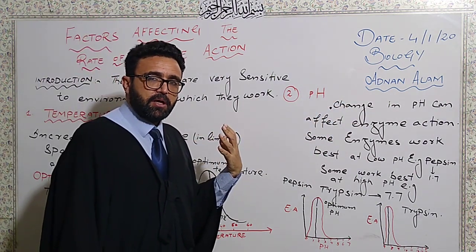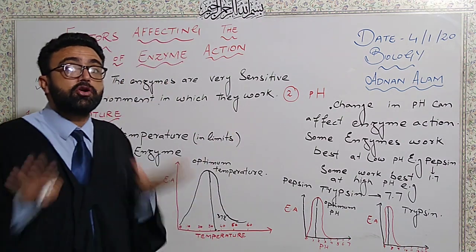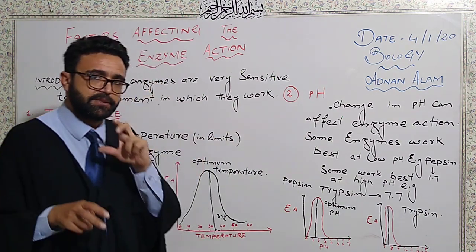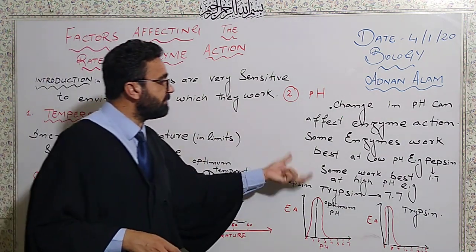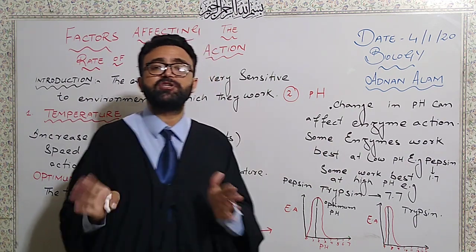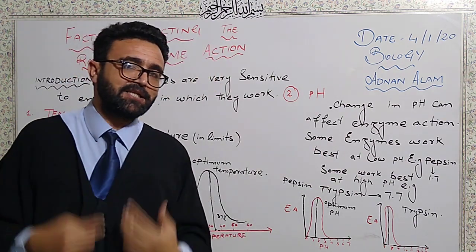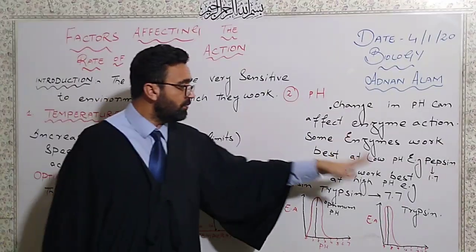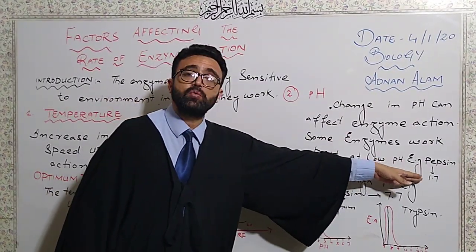But the pH effect is not uniform, because some enzymes work best at low pH and some work best at high pH. For example, pepsin, a popular enzyme present in the stomach for the digestion of protein, works best at pH 1.7.